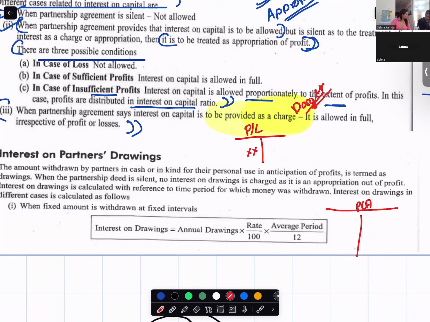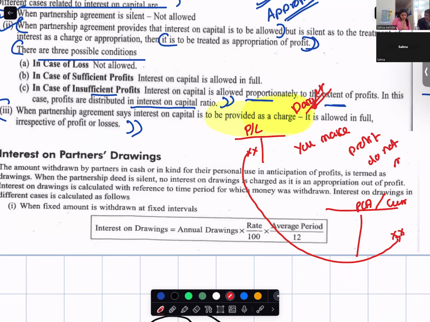Profit and loss account on the debit side, partners capital or partners current account on the credit side. So when they tell you to give interest on capital as a charge, that means whether you make profits or you do not make profits, it does not matter. You have to give full interest on capital.